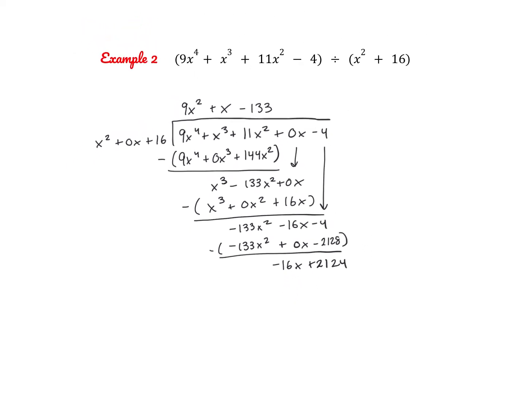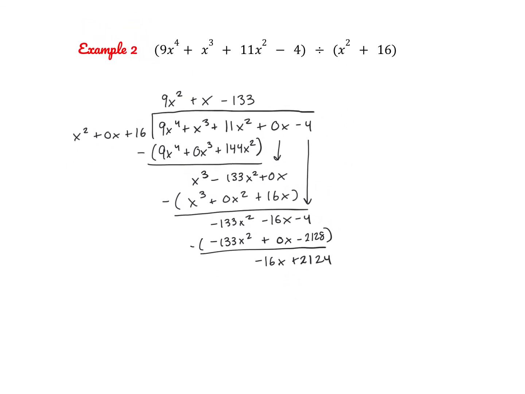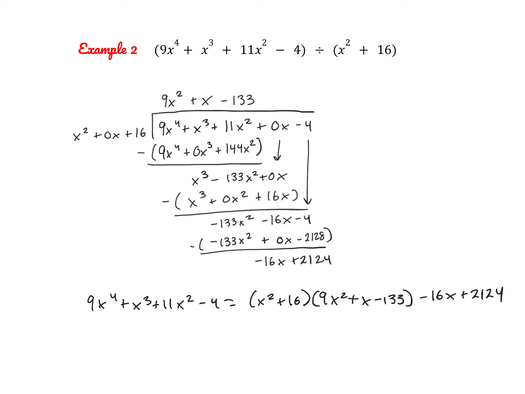So we could write out our answer. We'll do that two different ways. So our original polynomial equals x squared plus 16 times 9x squared plus x minus 133, and then plus our remainder, so minus 16x plus 2,124.